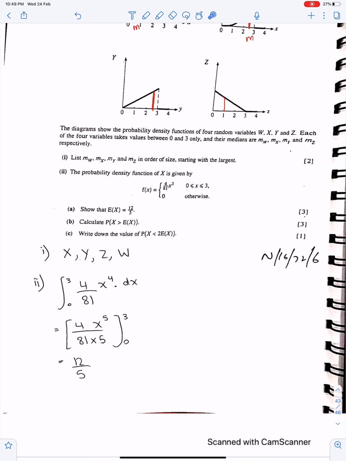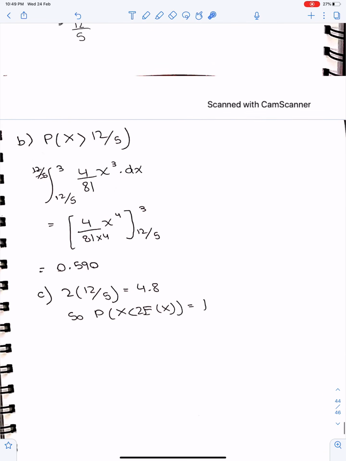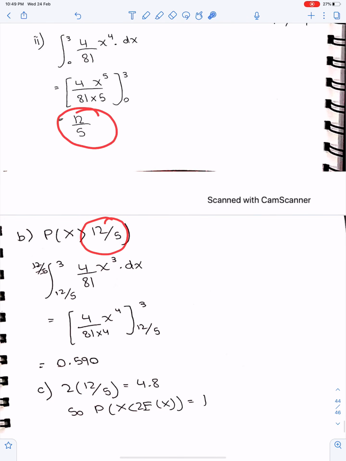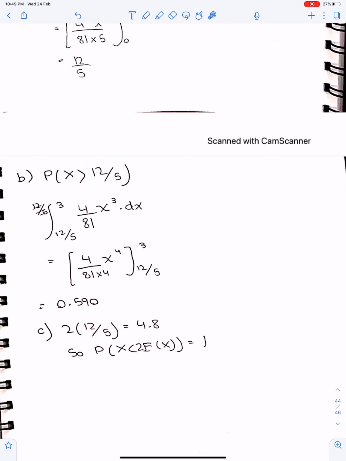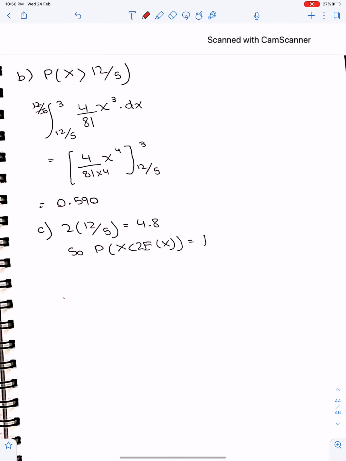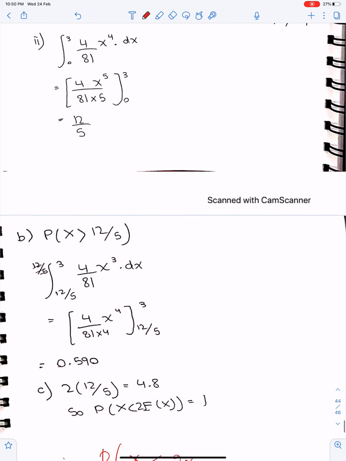First get the probability of less than E(X) and then multiply this by 2. 12 upon 5 is E(X). So you should use this: X less than 2 times E(X). E(X) is 12 upon 5.